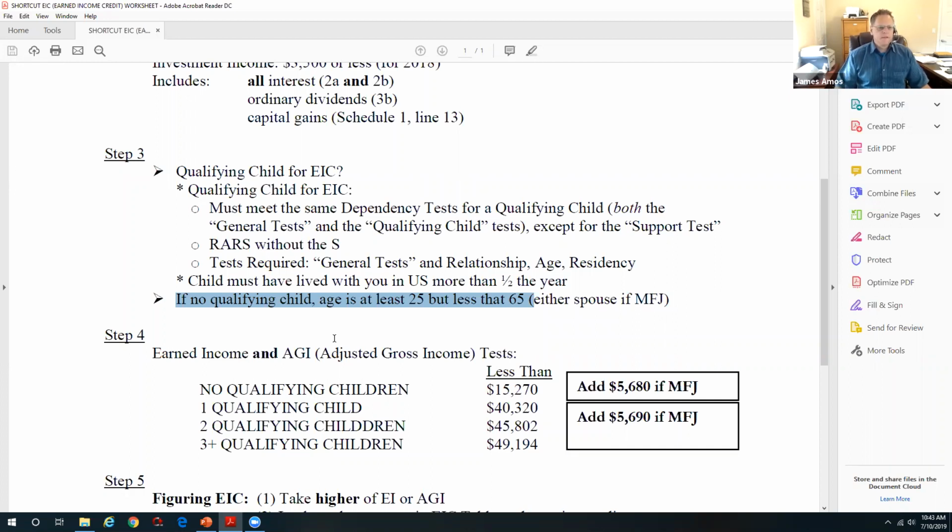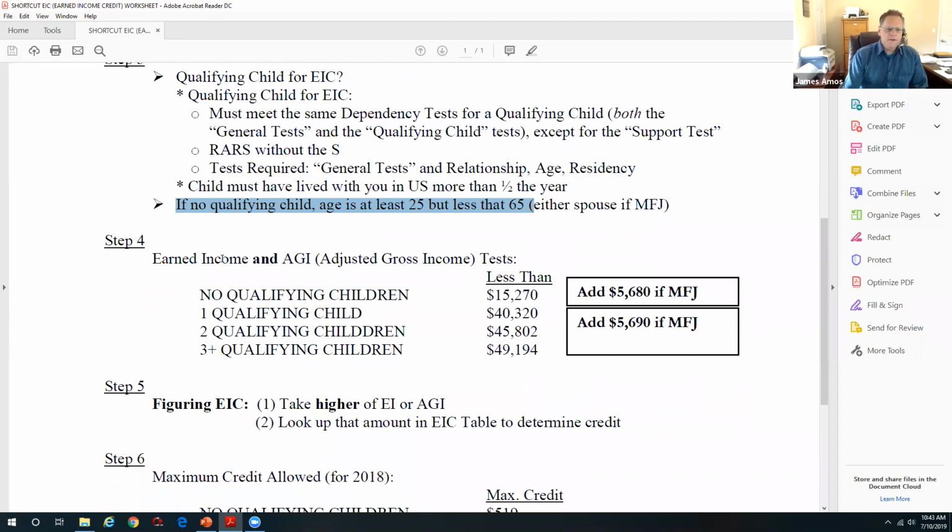Okay. So step 4 is really your limitations, your earned income and your AGI tests. They both have to be figured separately. So you have to take your earned income and see if you max out.